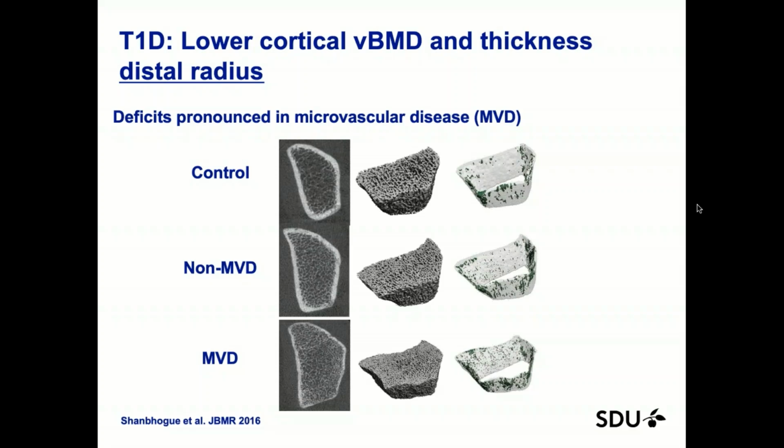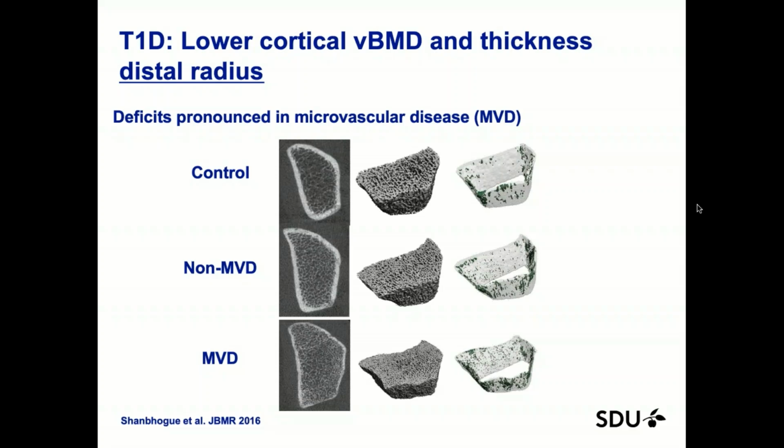So the next step of investigation of bone could include high resolution peripheral quantitative CT scans. It's not available everywhere, but there are lots of places in Europe that have access to this machinery. And my colleague Vikram looked at type 1 diabetics just a few years ago, and he observed that there's a deficit in the cortical volumetric bone mineral density and thickness, but only in the distal radius.